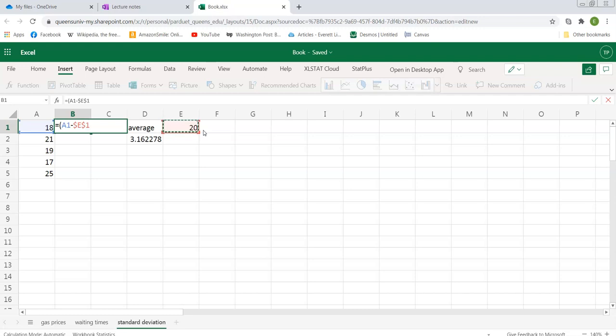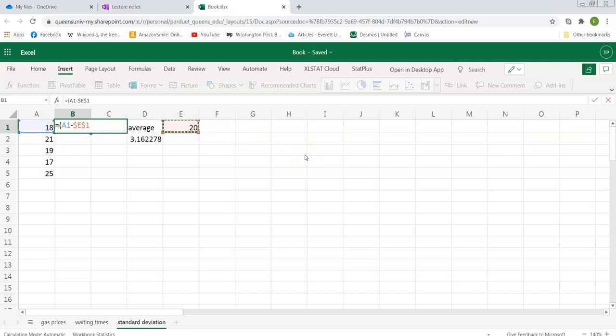So yes, you could type in 20 and it would work. You get the right answer. But it's a good habit to refer to the cells, because as I mentioned earlier, if you were to change one of these observations, you want it to update everything automatically.